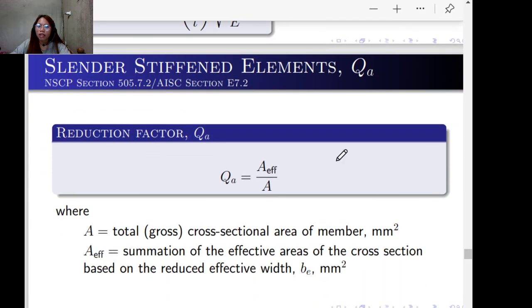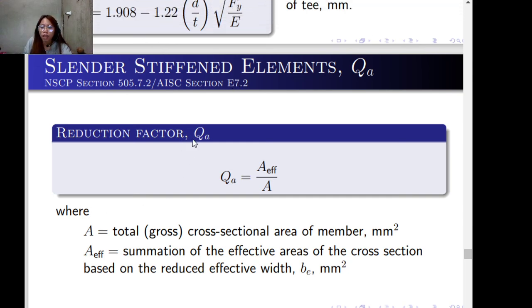Now, for slender stiffened elements, Q sub a, we have here the provision from NSCP section 505.7.2 or AISC section E7.2. The reduction factor Q sub a is equal to the effective area over the A. The A is the total gross cross-sectional area of the member. So this is given in the table in the AISC manual.